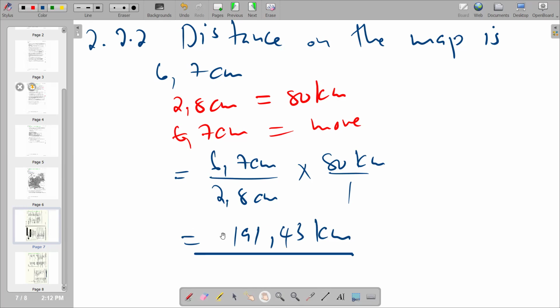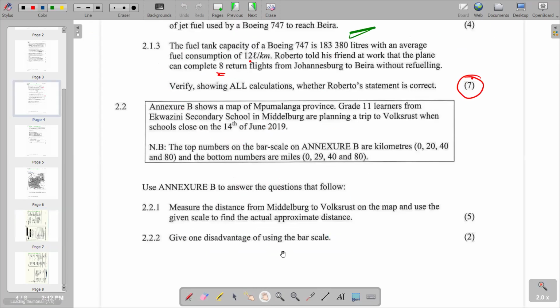We refer back in terms of the next question. Give one disadvantage of using the bar scale. The disadvantage of using the bar scale is that it is not accurate, as it uses values that are estimated.